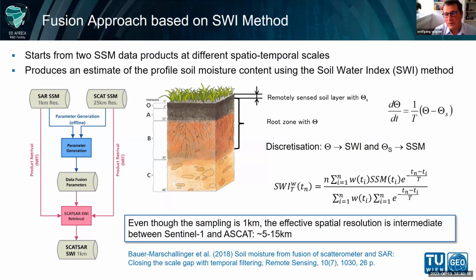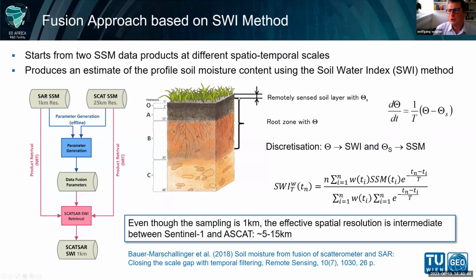So there are good reasons to start merging the Sentinel-1 data with other satellites' soil moisture data from ASCAT, SMOS, SMAP, etc. This is another product we've developed within the Copernicus land monitoring service, where we ingest surface soil moisture data from Sentinel-1 and surface soil moisture data from ASCAT, and we fuse them with a so-called soil water index method.